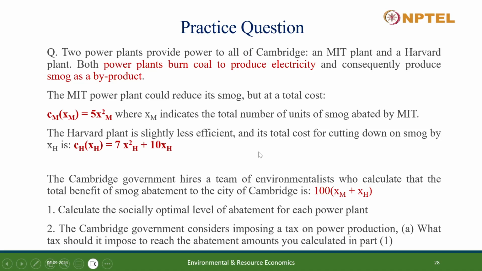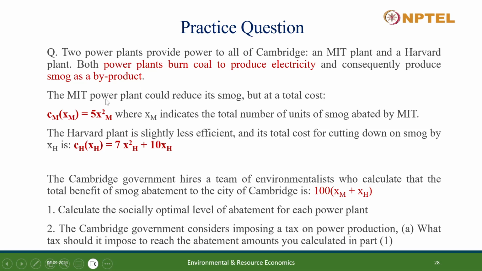So in this question, we are given two power plants. Let's say that MIT plant and Harvard plant. So there are two plants at different locations, and both the plants are coal-based power plant, and they produce smoke, which is the byproduct of electricity production.